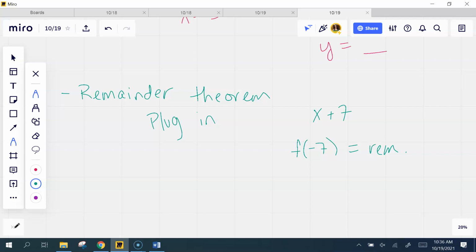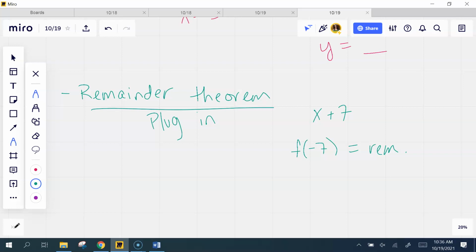So make sure you do that, because if I specifically say, use the remainder theorem to find the remainder, I don't want you to divide. I want you to use the theorem that says, if I plug in, I get the remainder. It gives you the remainder. If it says use the remainder theorem to find the remainder, that's when you plug in.